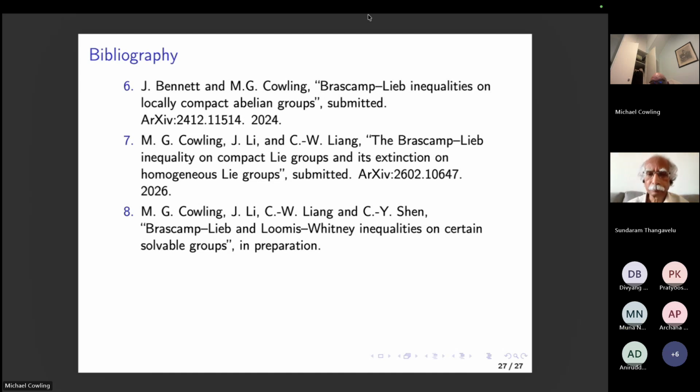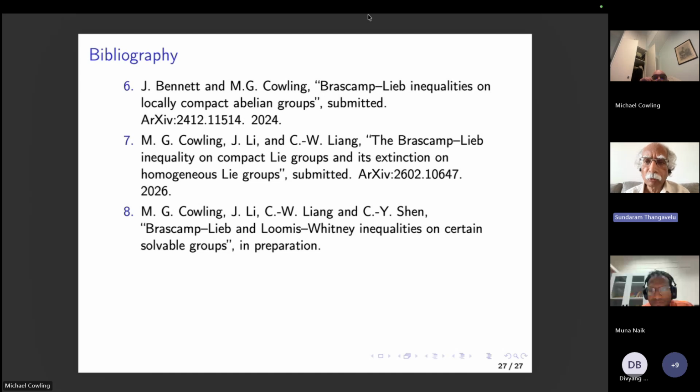Okay, thank you. What about other nilpotent Lie groups, like the H-type group? The argument for the Heisenberg group will go through? No. This is the thing: for an H-type group, typically the dimension of the center is greater than 1.